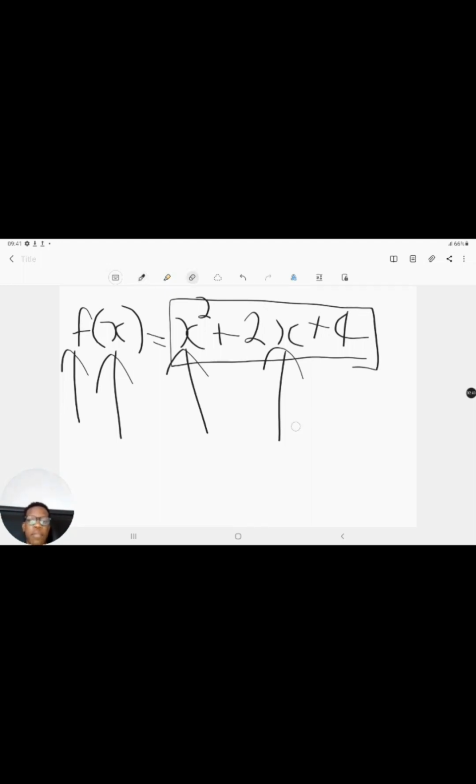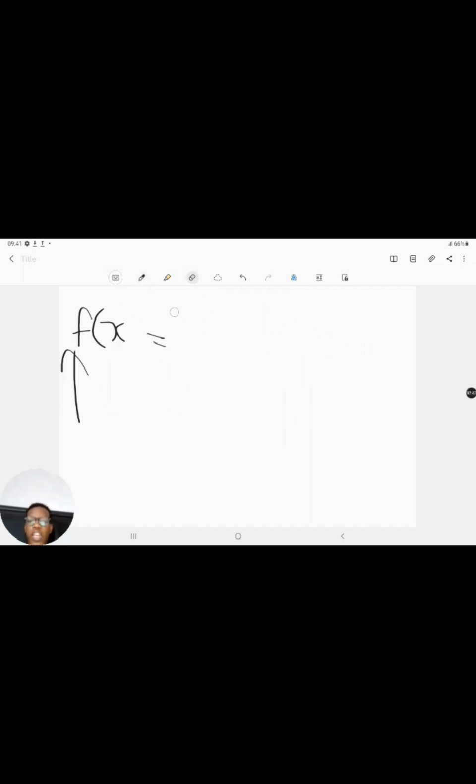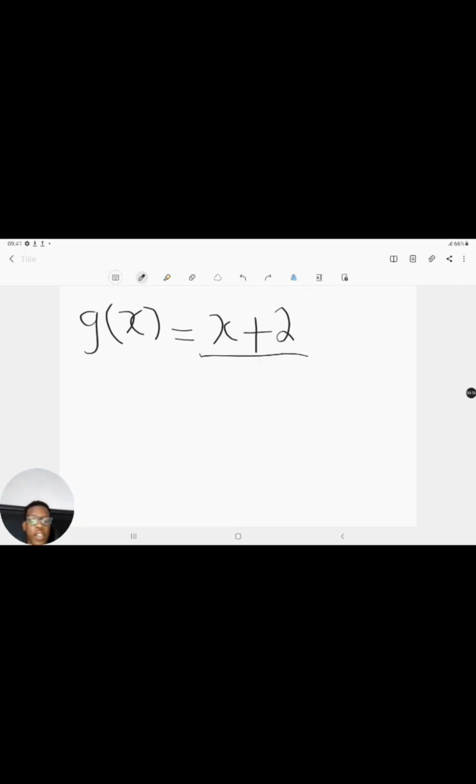Okay, same thing can be said for h and g. If you've got g of x, well, this is a function called g made up of x's. For example, you can have x plus 2. This is just a description of the function called g, which is made up of x's. That's simply it.